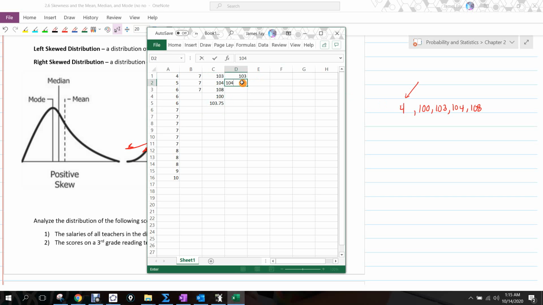But if I now add 103, 104, 108, 100, and then the number 4, and ask for the average of that, D1 through D5, you see that my mean has now shifted from about right here in the data to now over here in the data.